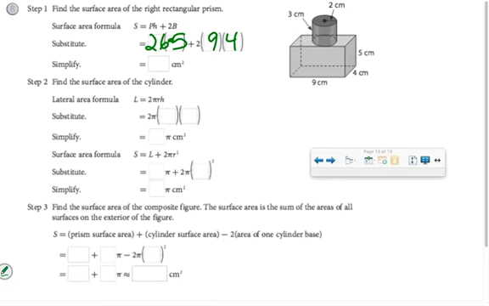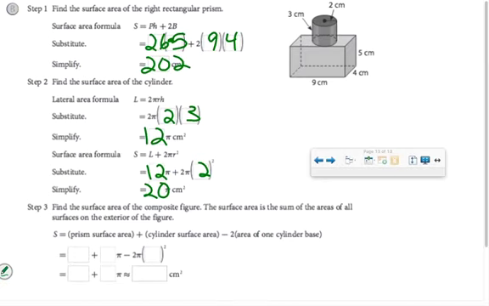That's 202. Then we're going to find the lateral and surface area of the cylinder. Lateral area is 2 pi times r times h, which is 12 pi. So the surface area will be 12 pi plus 2 pi times 2 squared. So 2 squared is 4, 4 times 2 is 8, 8 plus 12 gives me 20 pi.